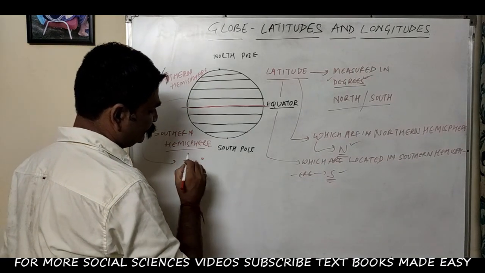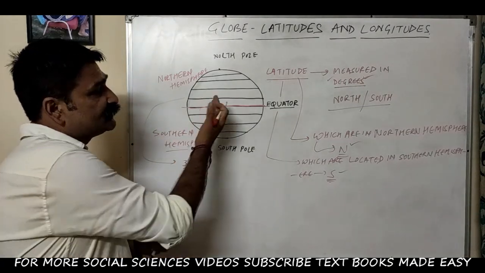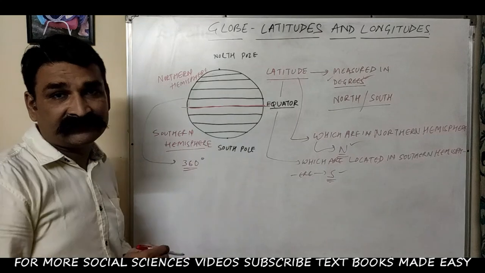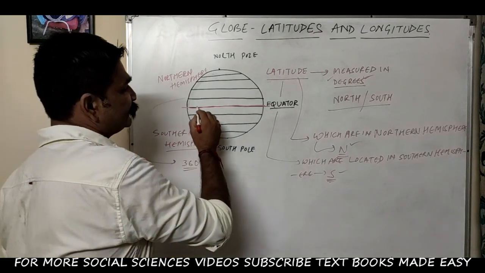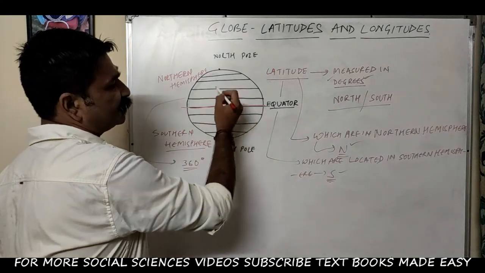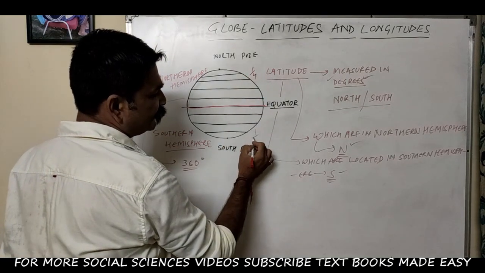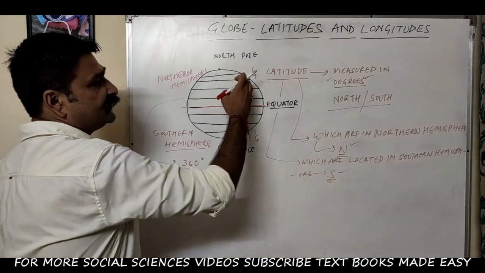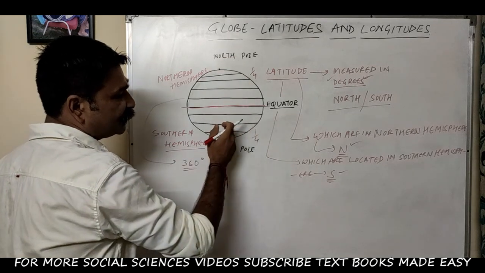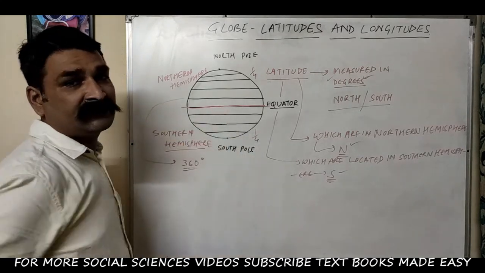This portion of the Earth which is visible to us is how much? 1/4, and this portion is 1/4, and the other 1/4 northern hemisphere is towards the back side, and the other 1/4 southern hemisphere is towards the back side of this portion.